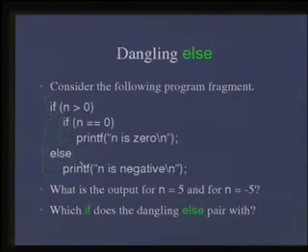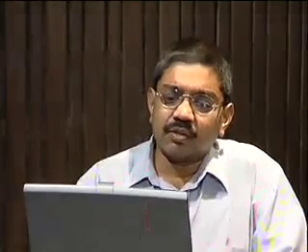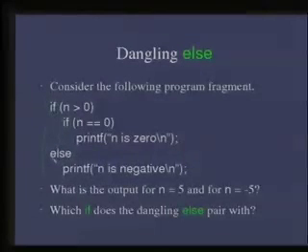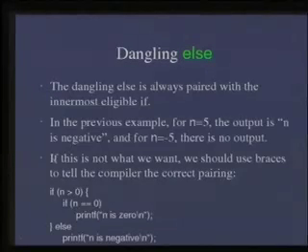So there is an ambiguity here, because it's not clear whether this else is associated with the outer if or with the inner if. As it turns out, the C language defines that when such an ambiguity occurs, or such a dangling else is there in the program, then it is always assumed to be paired with the innermost eligible if.